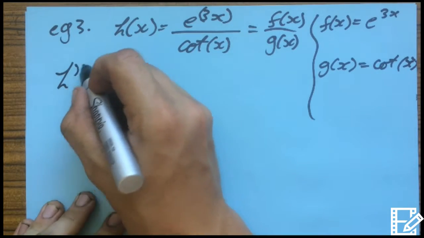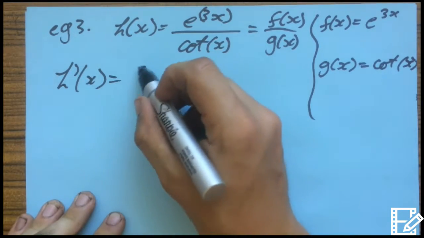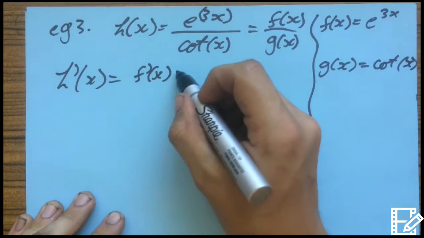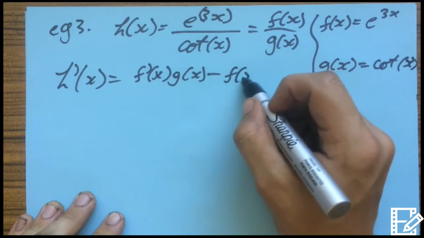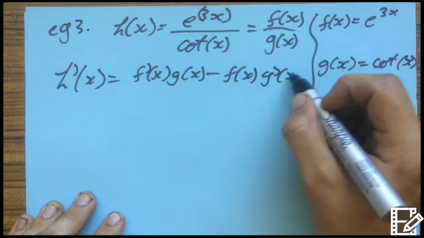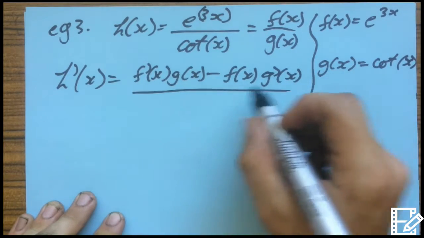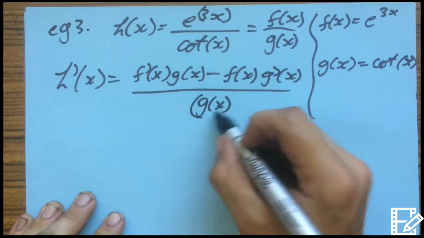The derivative of h(x) would be the derivative of f(x) multiplied by g(x) minus f(x) multiplied by the derivative of g(x), all over g(x) squared.